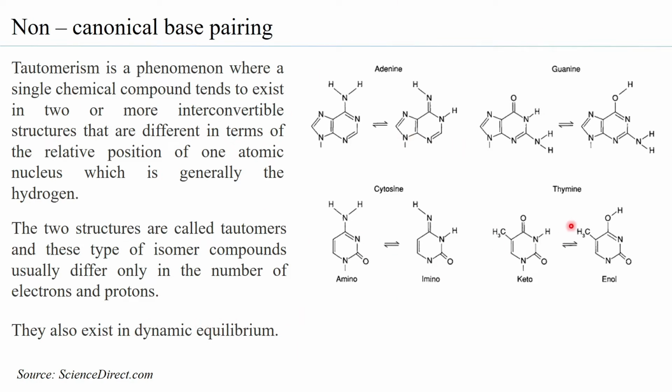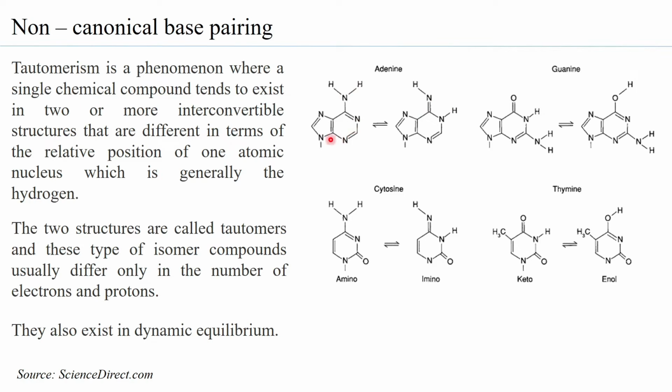And when you look at nucleobases, you will find that they too exhibit tautomerism. So you can have adenine existing in the amino form, when you have the NH2 present over here, or you can have the imino form. What has happened is that this hydrogen atom has moved from the group on the sixth carbon to the first N. So you can see there is a rearrangement of how the hydrogen is present in the two ring structures.